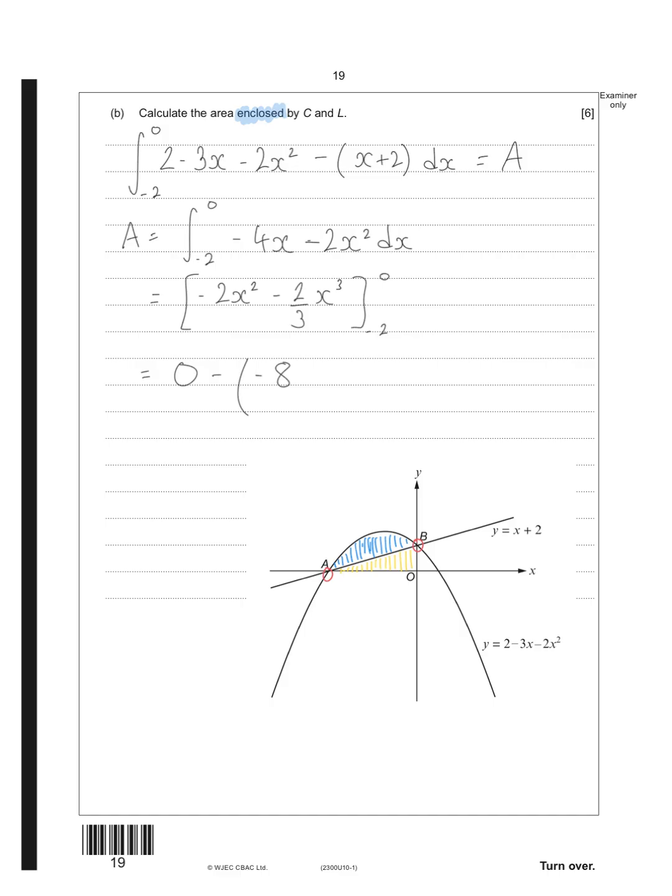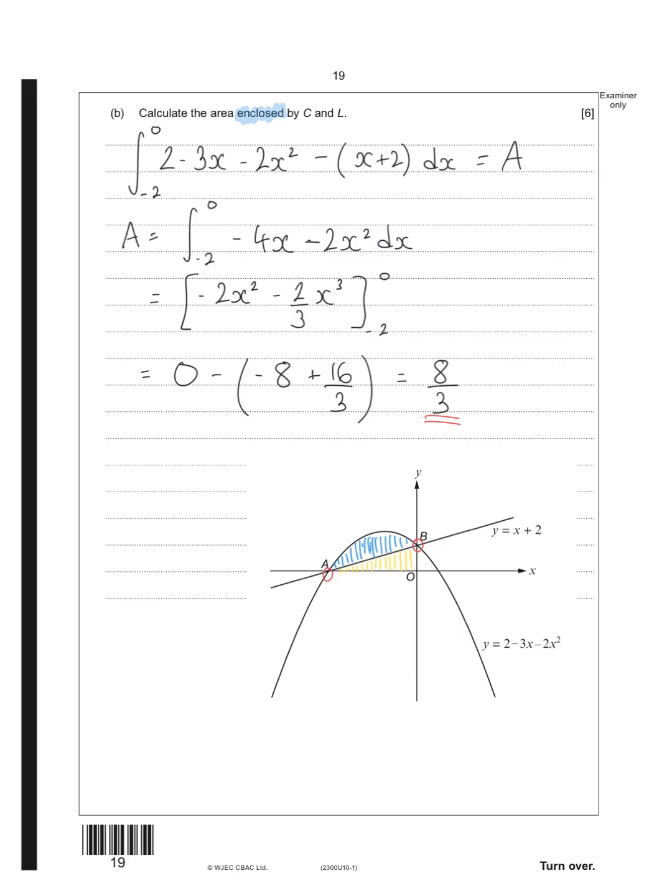Then I'm going to get minus 8 times minus 2, which is plus 16 over 3. Okay, now the bit inside the brackets will give me minus 8 over 3, and so this gives me an answer of 8 over 3, and you can call that units squared or square units.